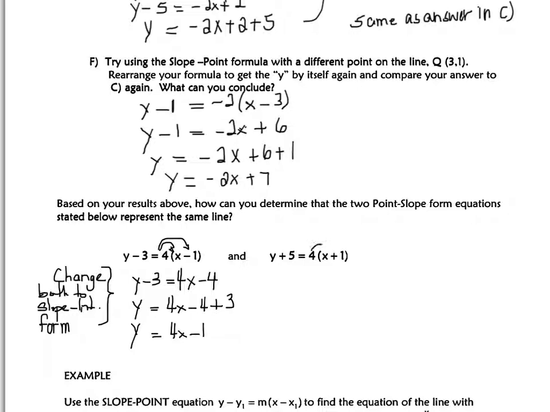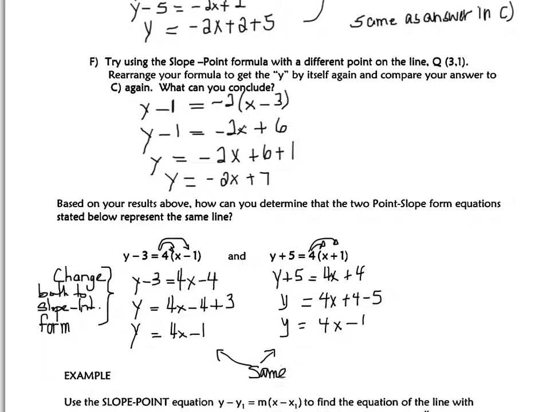And this one here, if we distribute the 4, that gives you y plus 5 equals 4x plus 4, y equals 4x plus 4 minus 5, which gives you 4x minus 1. So these represent the same line.